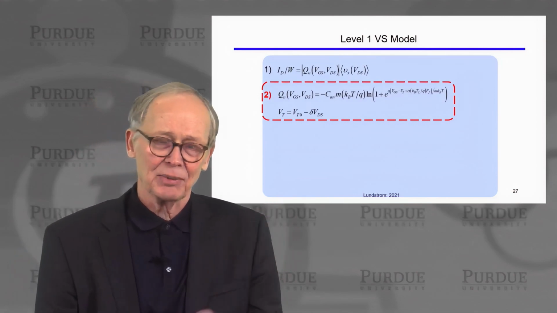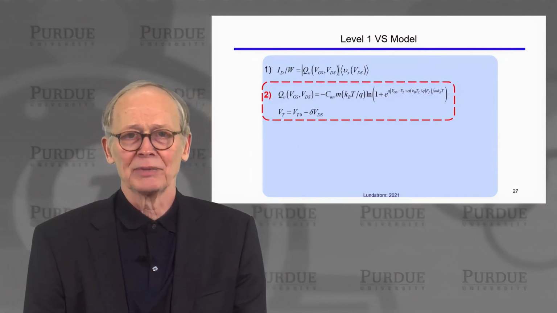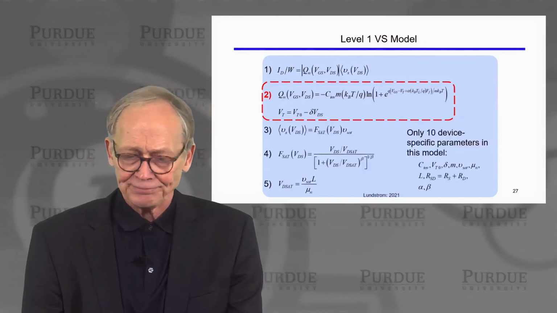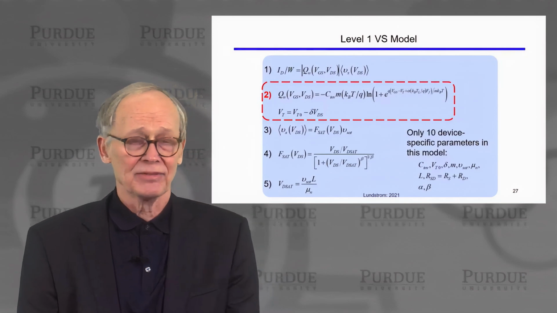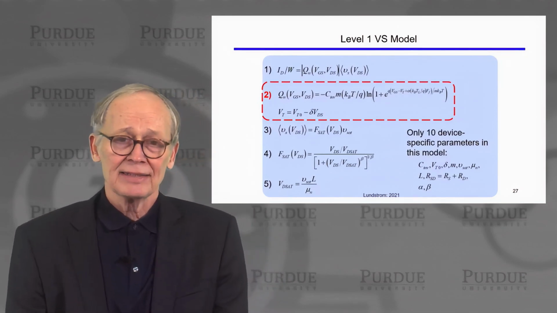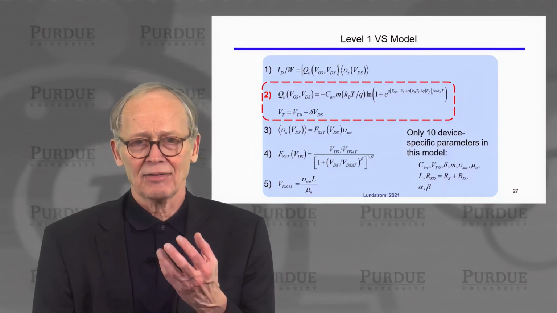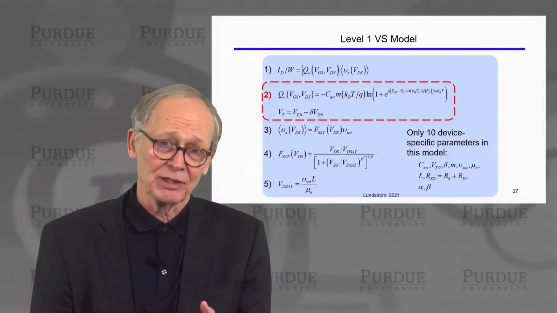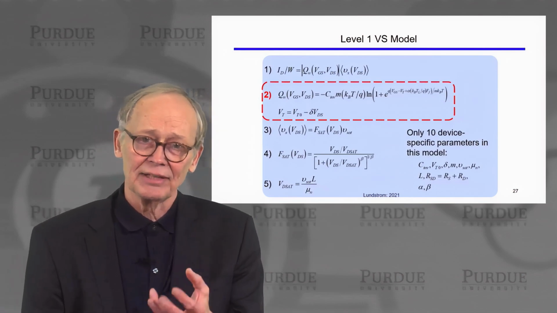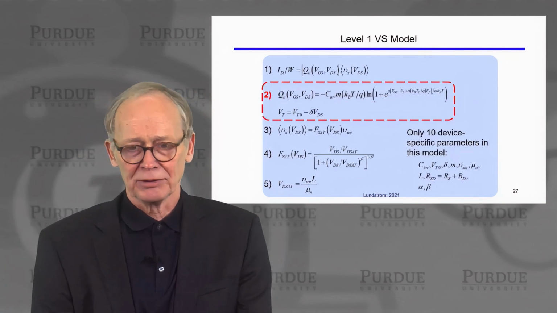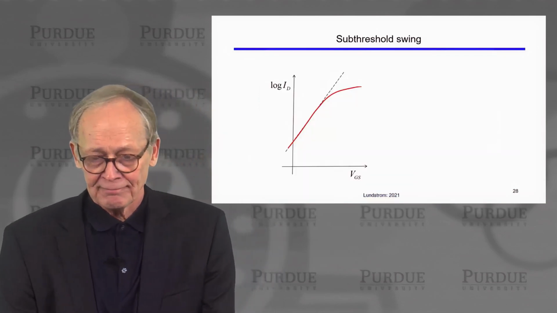That introduced a couple more empirical parameters that don't change very much from transistor to transistor. So with that, we have still a small number of parameters that we can fit to measured data, and these parameters, almost all of them, except maybe for alpha and beta, have a very clear physical significance. They're not simply empirical fudge factors.